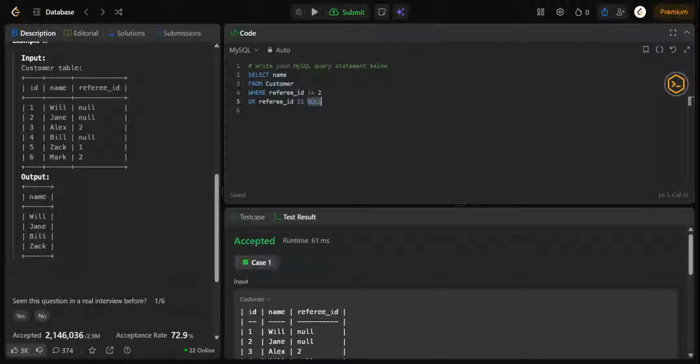Also, about time complexity, it's good because the solution is extremely efficient: single table scan, no join, no grouping. Then time complexity is O(n), where n is the number of customers.